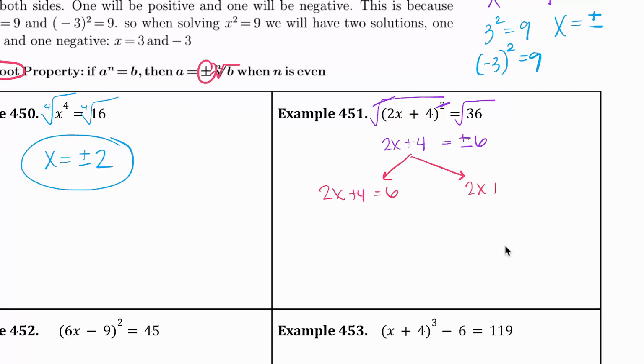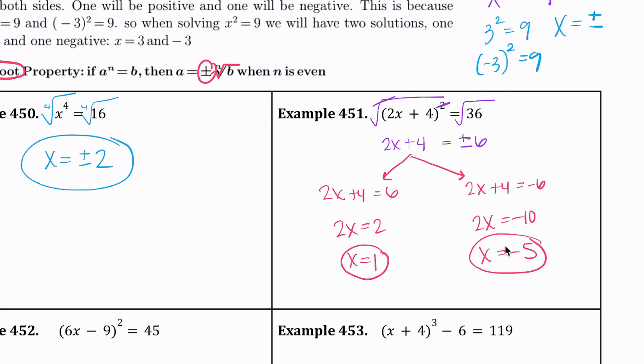I could have 2x plus 4 equals negative 6. Now we're just going to solve both of those. If I move this 4 over, I get 2x equals 2. If I divide both sides by 2, I get x equals 1. Similarly, on the right side, if I move that 4 over, I get 2x equals negative 10. If I divide by 2, I get x equals negative 5. So we get x equals 1, x equals negative 5.